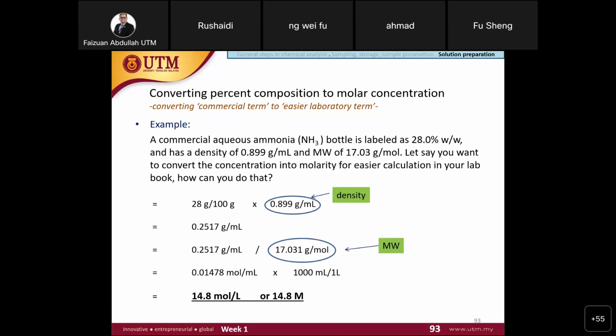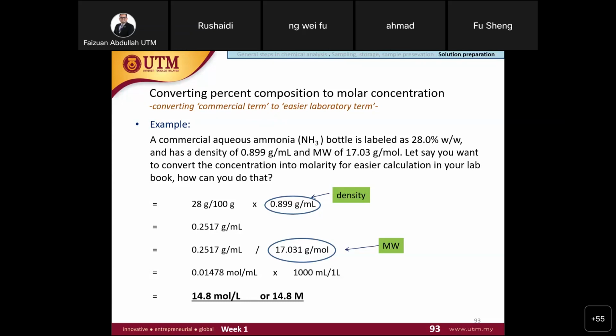percentage of weight in volume. So you got 0.2517 gram per mL. And then after that, you just cancel. When you times, you cancel gram and gram, so now you got gram per milliliter.